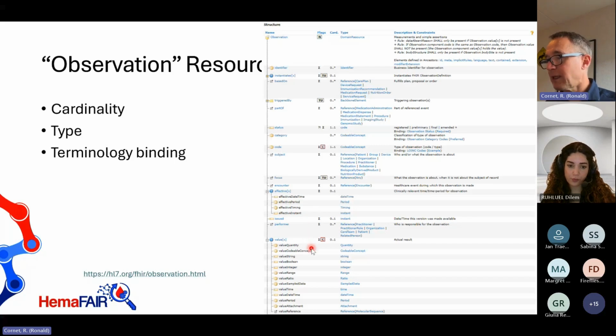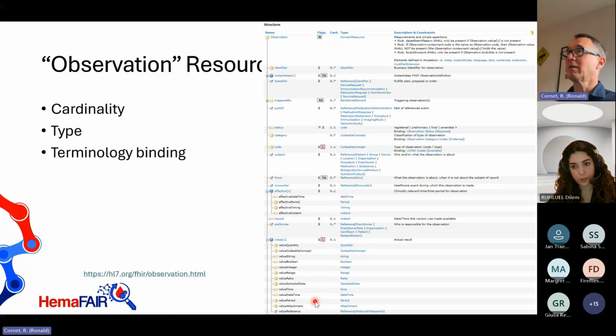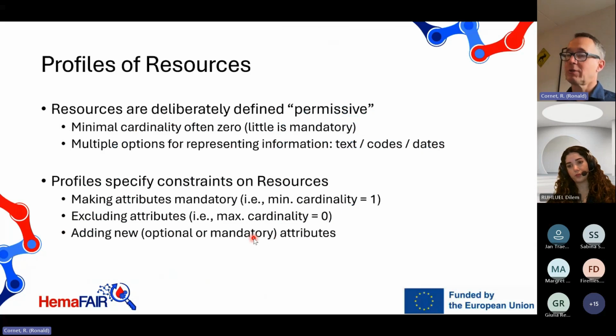So we see that it can have 0 or 1 value, which can be a quantity, a codable concept, a value string, a Boolean, an integer, range, ratio, time, date time, period, or even an attachment. So you may ask, okay, how helpful is it that a value can be basically anything? Well, I'll get to that because it's important to realize the role of resources.